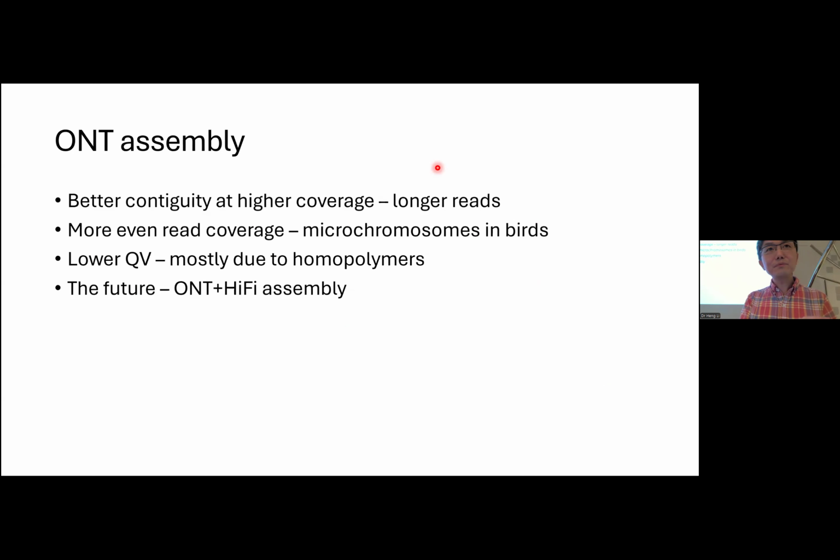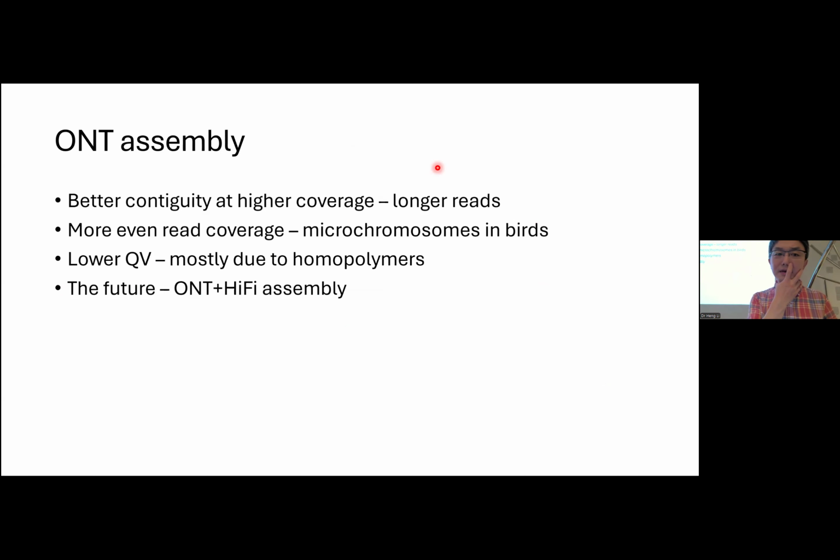Generally, I would say the Hero and the HiFi ONT are roughly comparable. The Hero is better at QV, HiFi sometimes better, a little bit better in terms of N50, but really the difference is small. They are comparable. And HiFi mainly is better in that it is far faster.